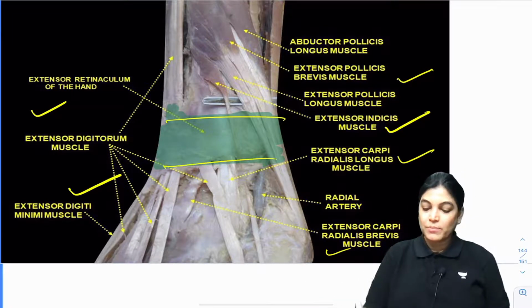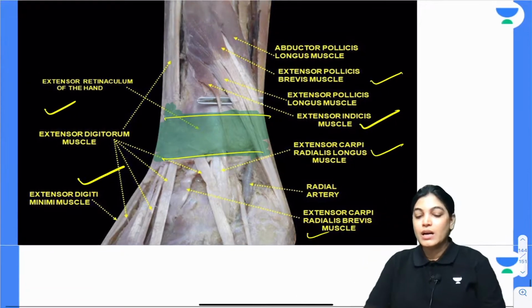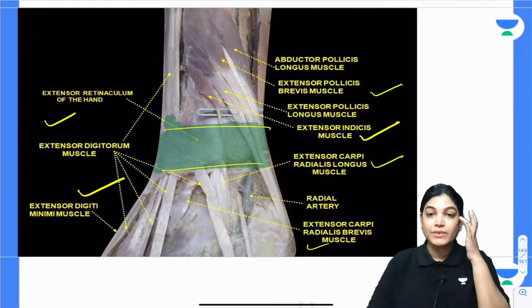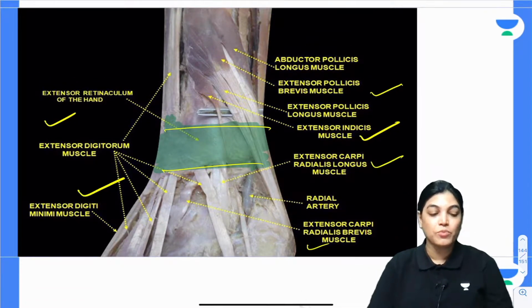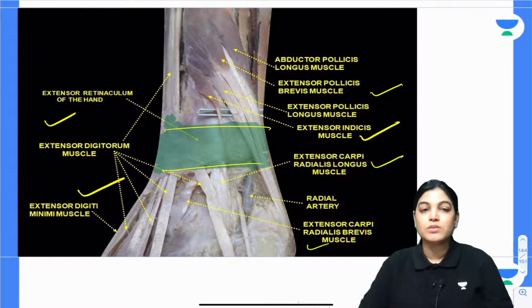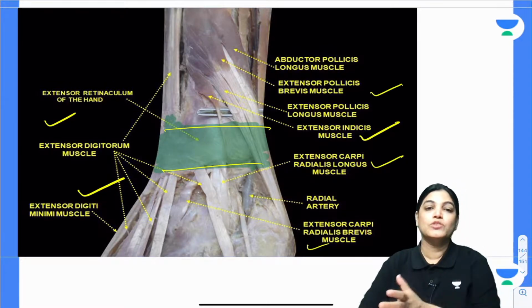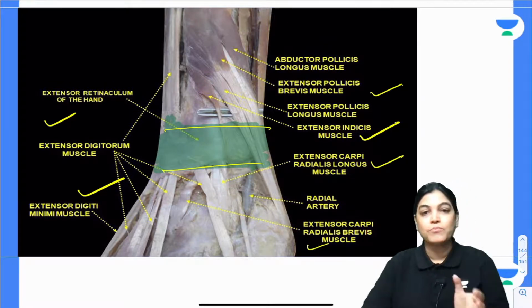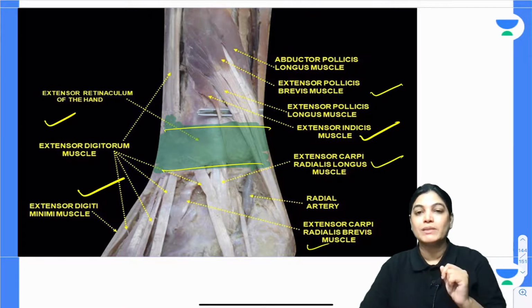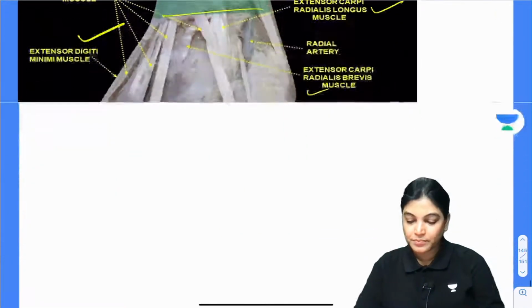So clearly you can appreciate the extensor muscles reaching towards their insertion point on the dorsum of the hand; they pass below the extensor retinaculum in individual compartments separately. And it is important for us to know the structures traversing each compartment.